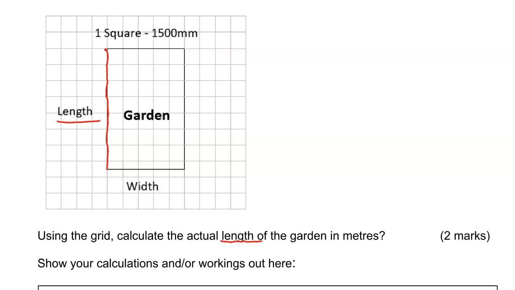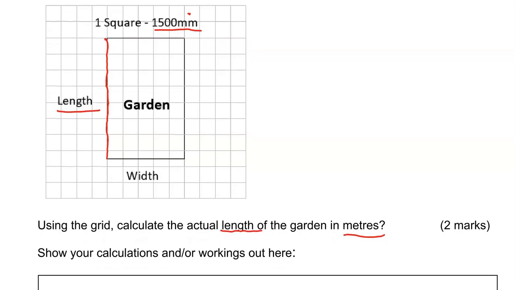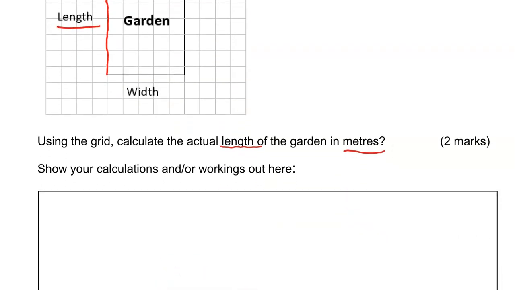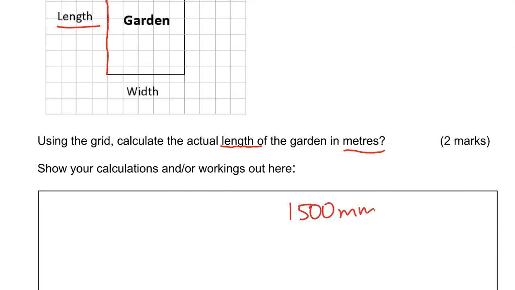1 square is 1,500 millimeters. Now we need to give the answer in meters. So it's worth converting this into meters before we multiply it by 7.5. So 1,500 millimeters, we can convert it into centimeters.